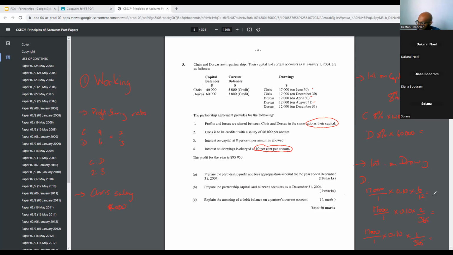So the figures you get for this one, and this one, you're adding it together, and that's going to give you your total drawings for, did I make something up there? Yes, I did, sorry. Chris and Chris is what I need to look for.